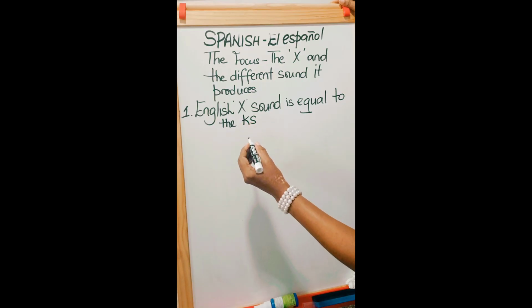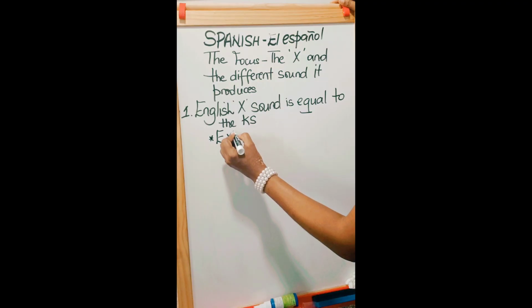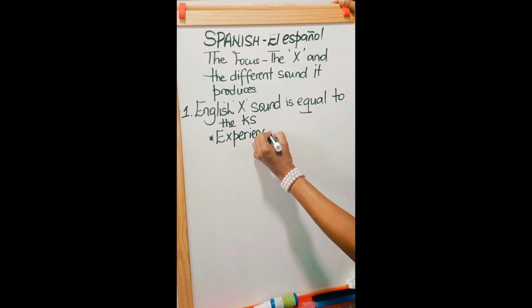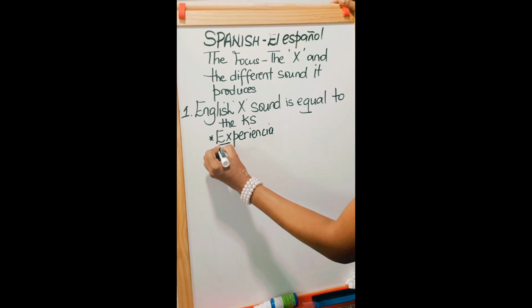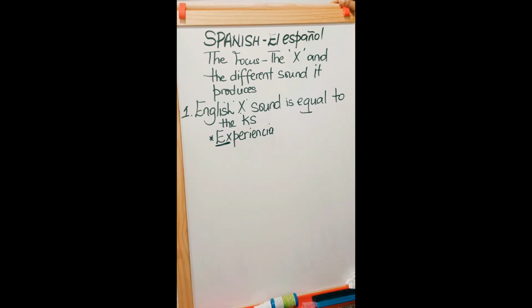For example, in these words, experiencia, which means experience in English. So the EX, even though it sounds like the English X sound, it is actually KS that you're saying. Experiencia. That's one of the examples of the English X sound of the Spanish alphabet X.